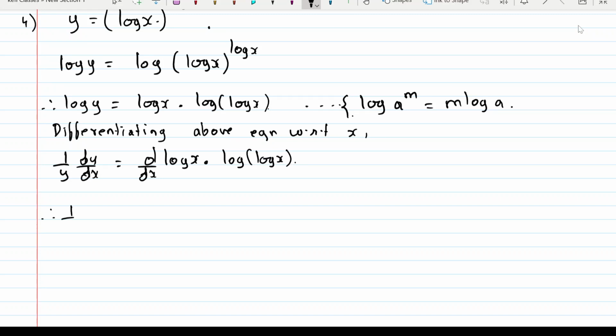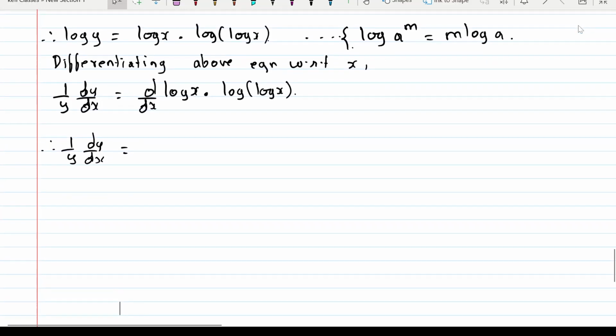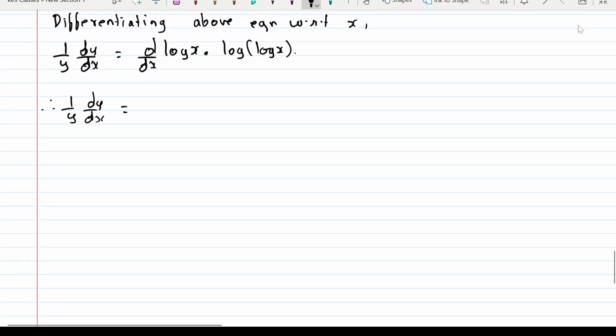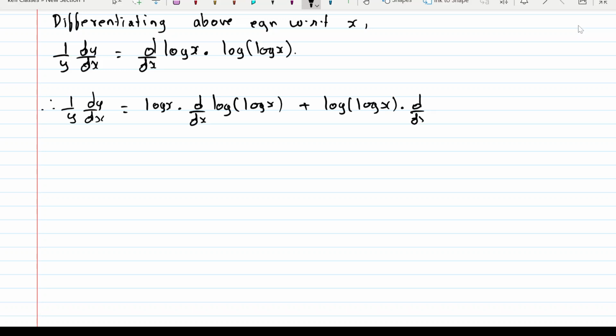This is now the product rule, so it's log x into d by dx of log of log x, plus log of log x into d by dx of log x. Sakshi, make sure you're writing with me. First function into derivative of the second, plus the second function into derivative of the first.